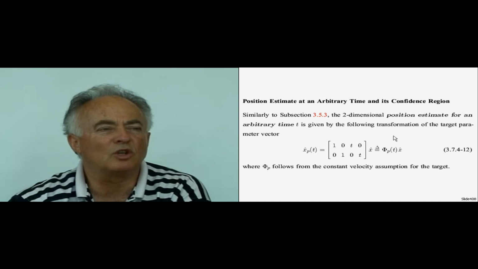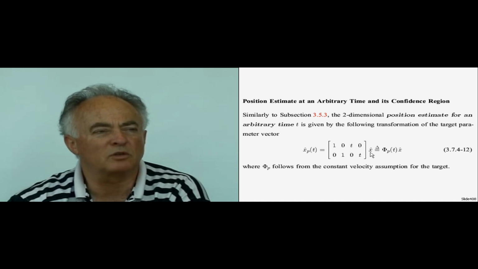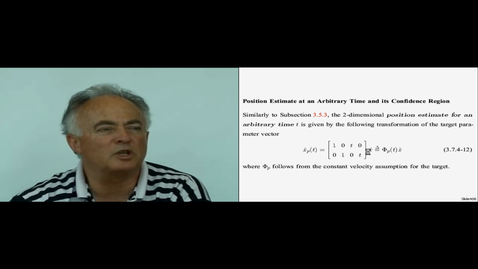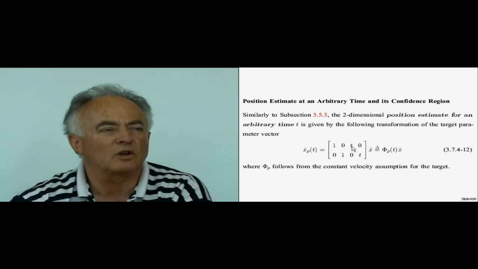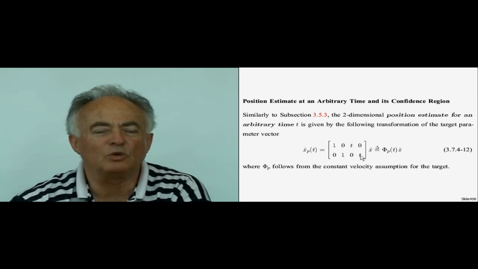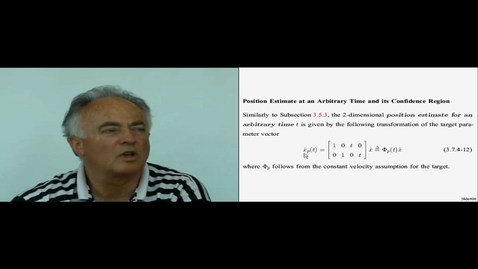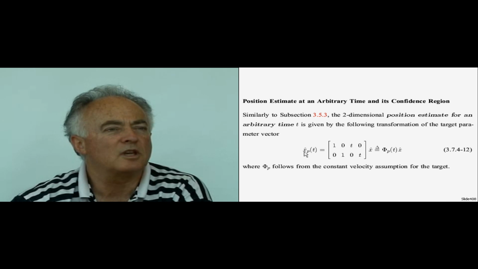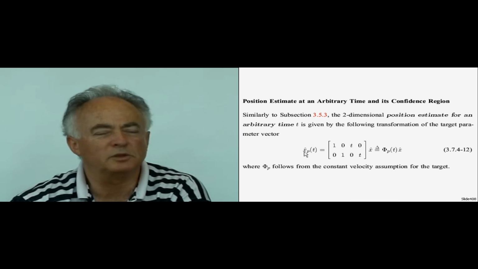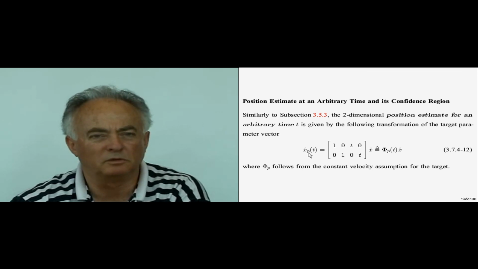So take the 4-dimensional estimated vector, multiply it with this matrix that picks up the psi position, psi velocity, the eta position, eta velocity, will map it into 2-dimensional position that is a predicted position. Here P stands for predicted, not for platform.